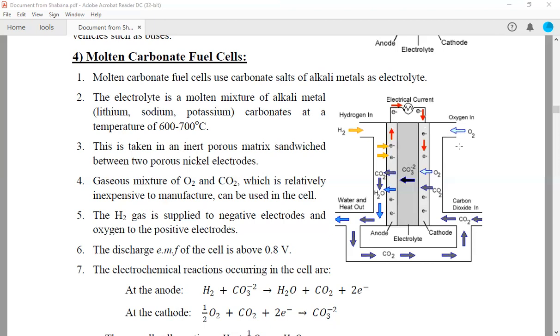Two inlets are there near the cathode: one inlet is used for the passage of oxygen, and one inlet for the carbon dioxide gas. The hydrogen gas is supplied to the negative electrode and oxygen to the positive electrode. The EMF of the cell on discharge is about 0.8 volts.